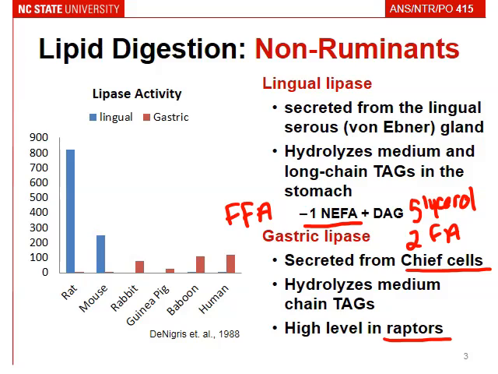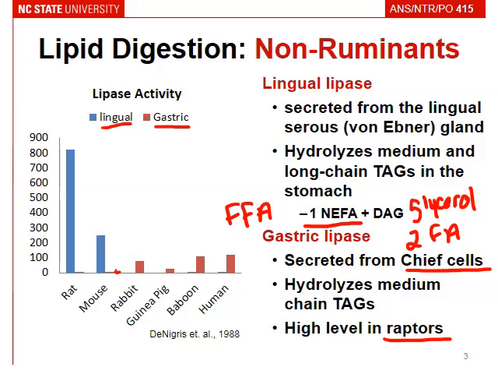And here on the left-hand side, we have a graph showing the concentration of lipases, so we have our lingual, or our mouth, and then our gastric. You can see our rat and our mouse have high amounts of lingual lipase, and our rat basically has 0 gastric lipase, and our mouse just has a tiny, tiny amount that you can see there.